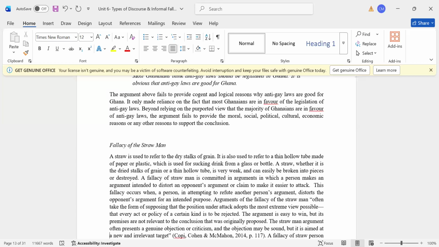Sometimes people will look at your facts, very strong, and then they're only looking for a small weak part to focus on to draw a conclusion. When they leave the main part of it and focus on something tiny, which is perhaps weak, then they commit a fallacy of the straw man.